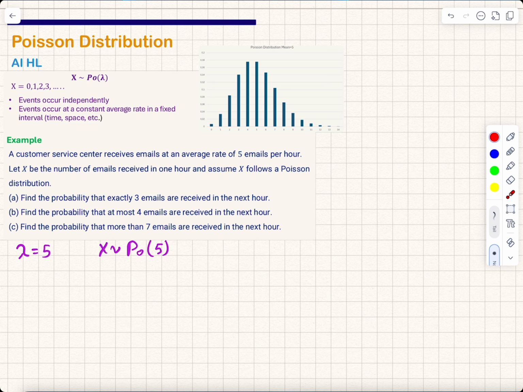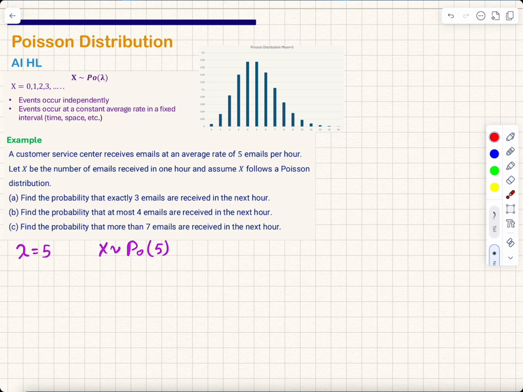It could be, let's say, 100 emails per hour, but of course that will be very, very unlikely, so that we can ignore that probability for very large numbers, as we'll see later with questions B and C. This chart here is not a part of the question. I added this to illustrate probabilities and the distribution better.